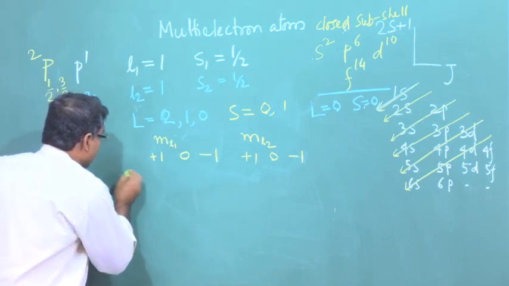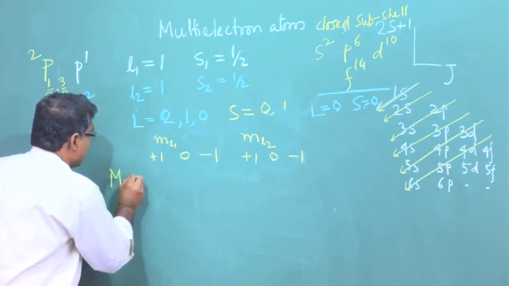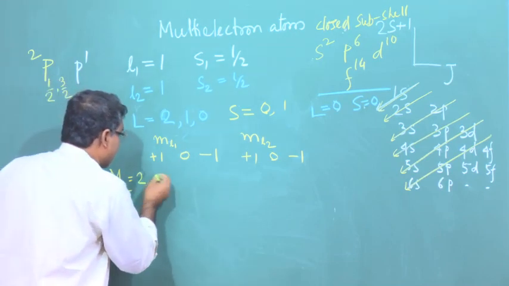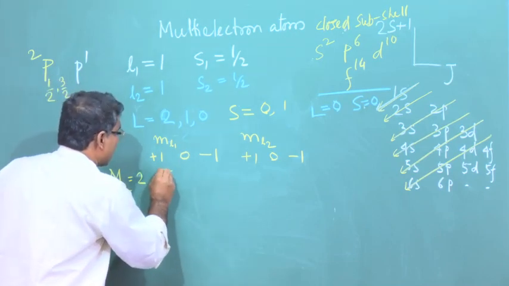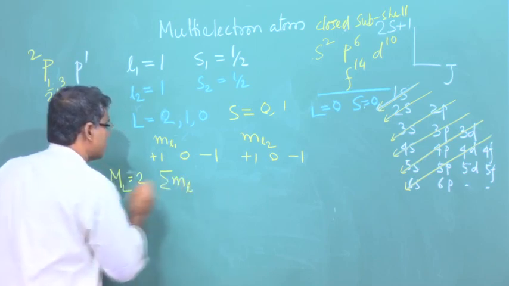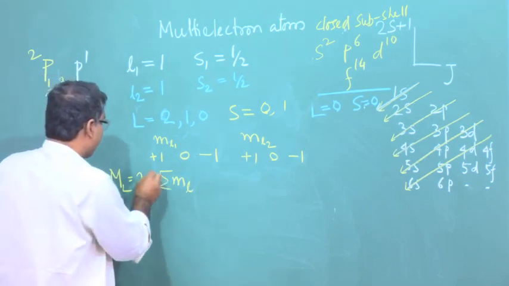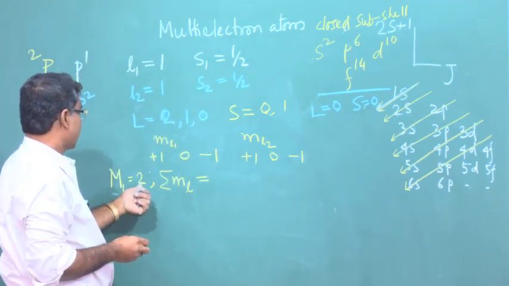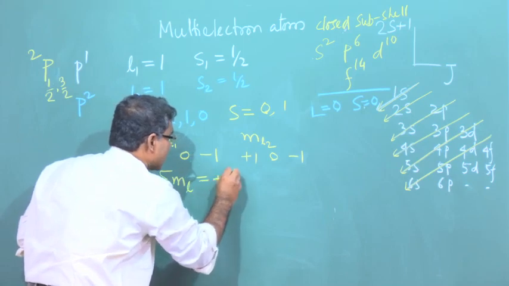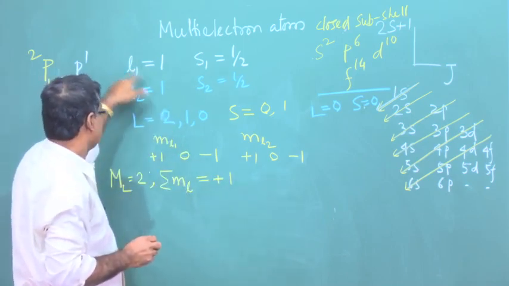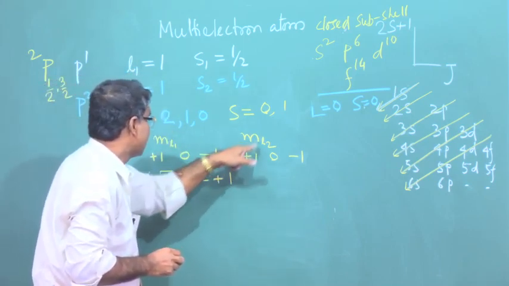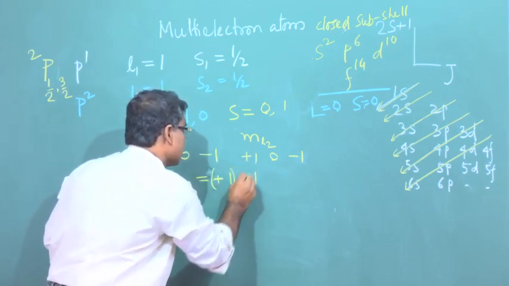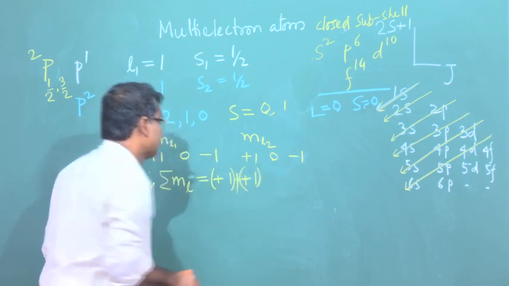For ML value 2, that will come from the sum over ml. To get 2, ml1 has to be plus 1 and ml2 also plus 1.